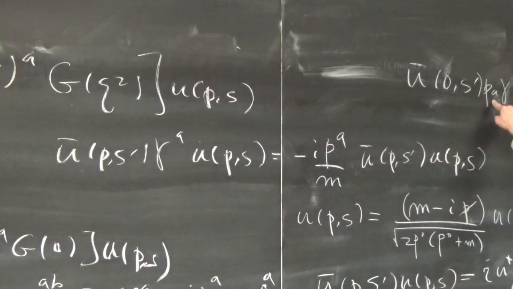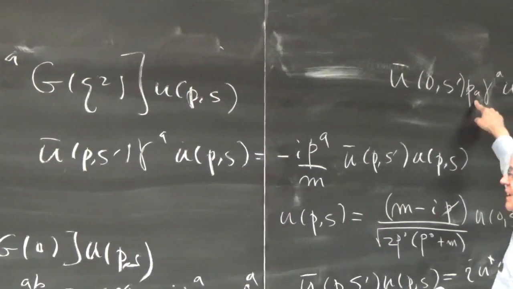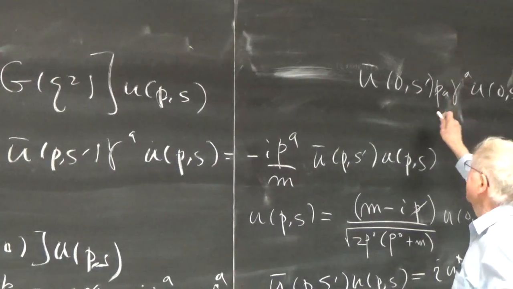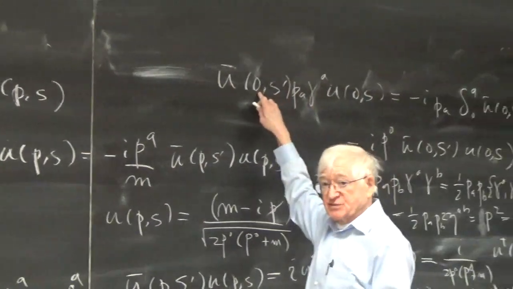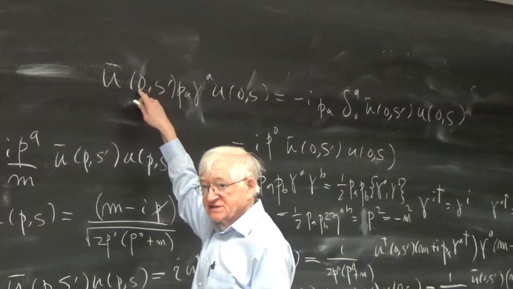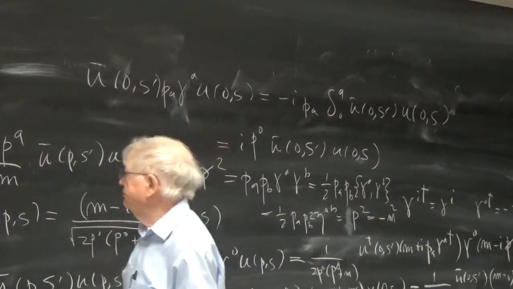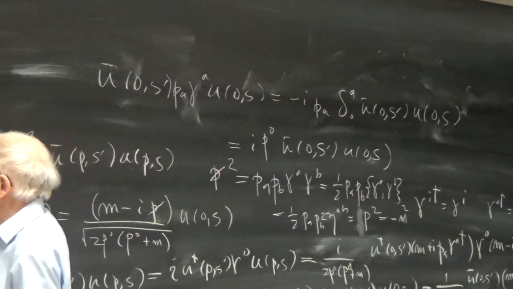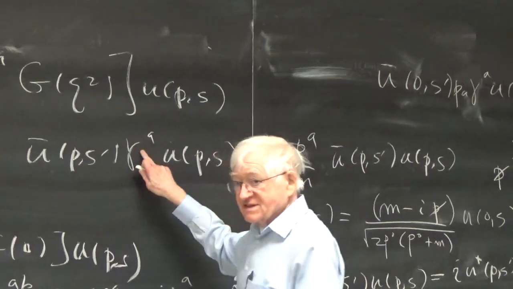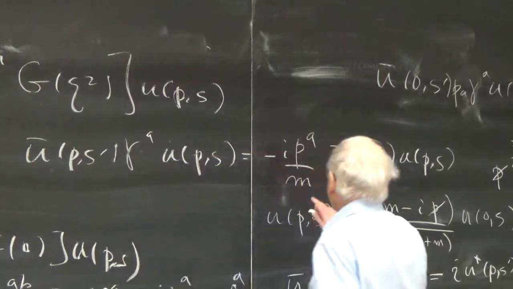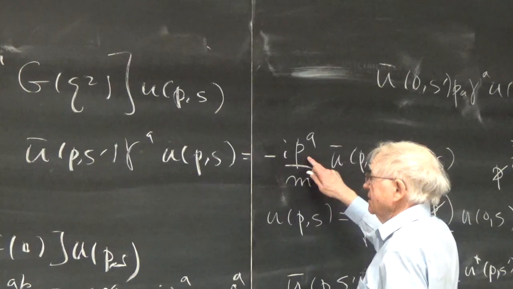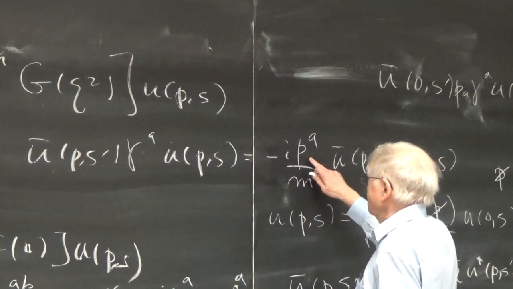Okay, what's confusing here is that this P has nothing to do with the spinors. The spinors are at 0. Over here, no matter what P is, the gamma pops out the P of the spinors.